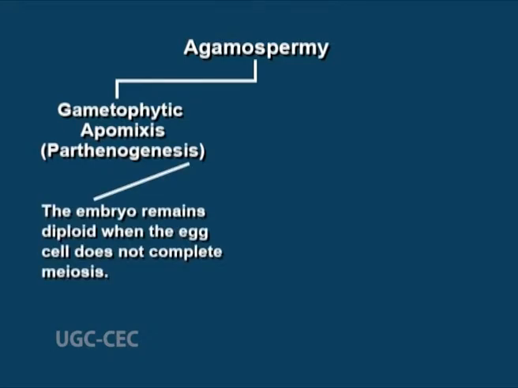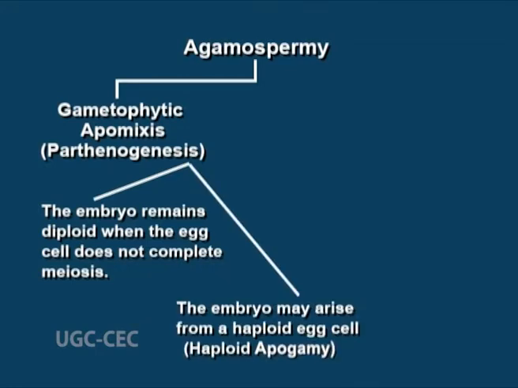The embryo remains diploid when the egg cell does not complete meiosis. In some plants, the embryo may arise from a haploid egg cell and it is called haploid apogamy. The haploid embryo will produce a haploid plant, and this haploid plant will not propagate further.